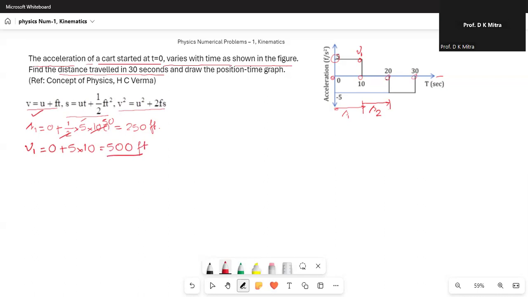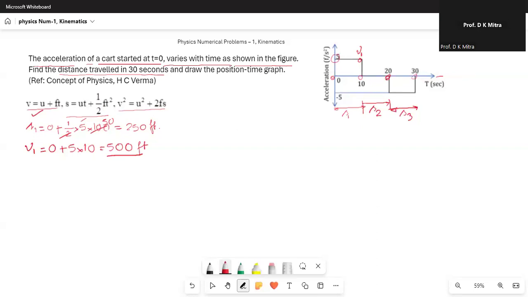Now let us consider this distance. During this time, it also has an acceleration, but a negative acceleration. And the initial velocity here is of course the same velocity V1. Sorry, there was something wrong here.